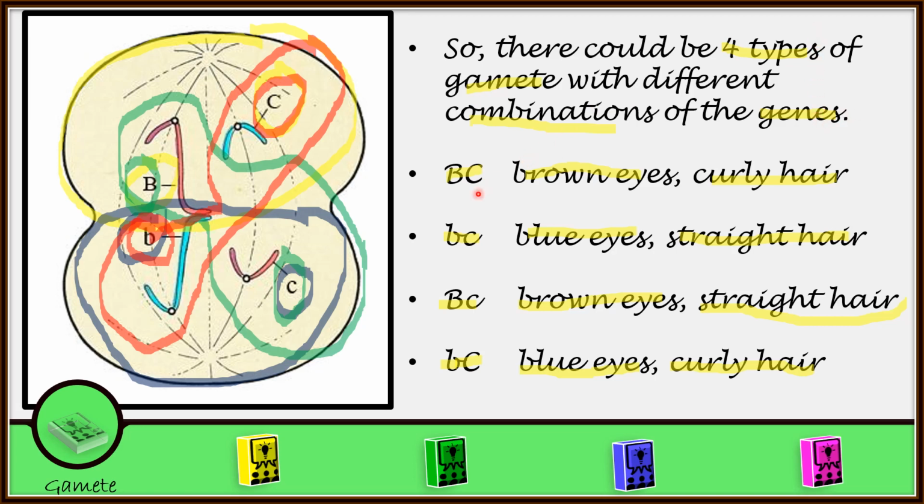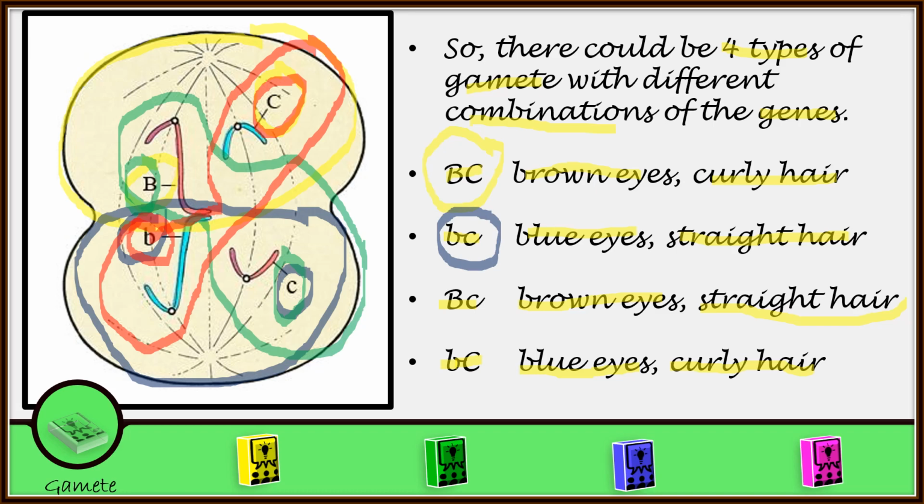We have seen we can have capital B and a capital C. This one is a gamete which has brown eyes and curled hair. Then we saw that we can also have small b and small c. This gamete will have blue eyes and straight hair.